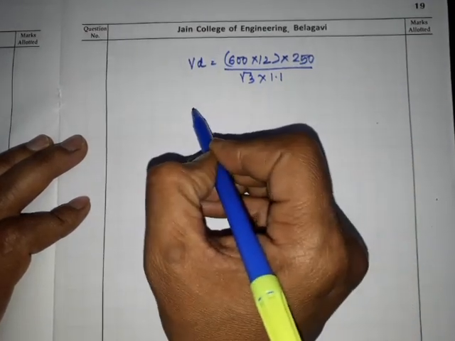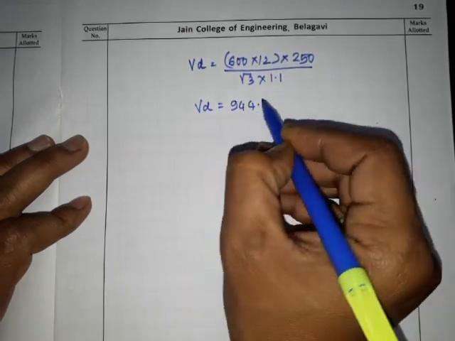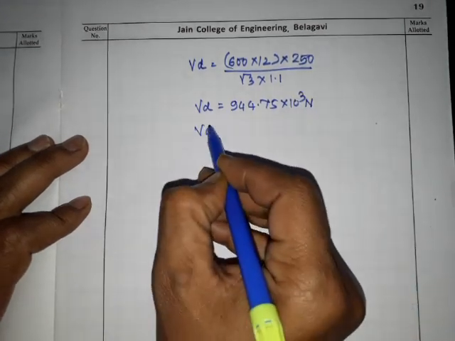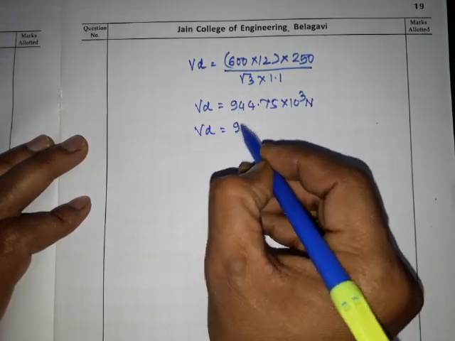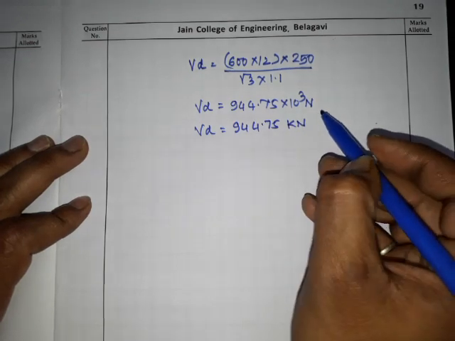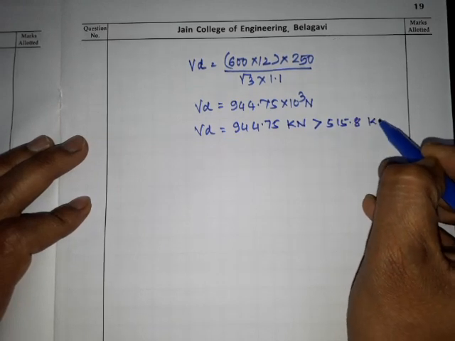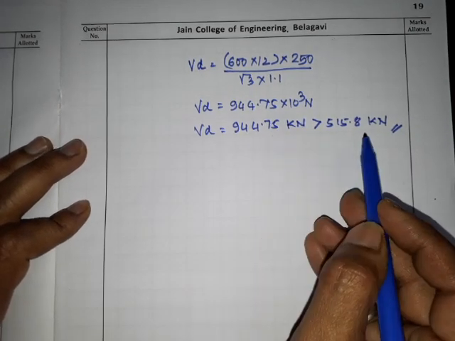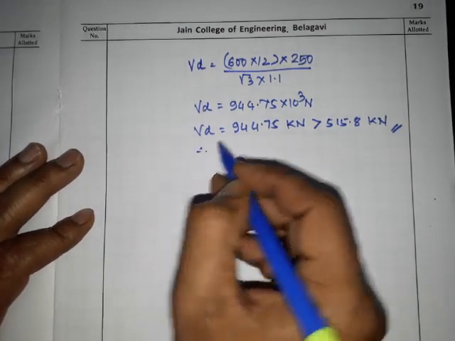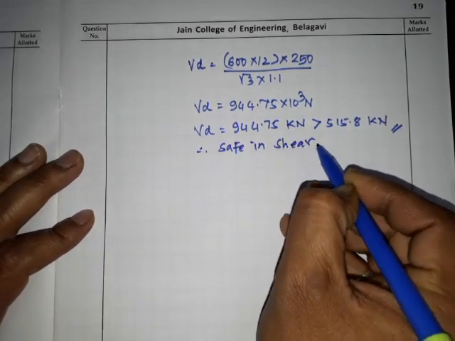So we get Vd is equal to 944.75 into 10 raised to 3 Newton, or Vd is equal to 944.75 kilonewton, which is more than 515.8 kilonewton. The shear capacity is more than the shear acting on the section, so therefore safe in shear.